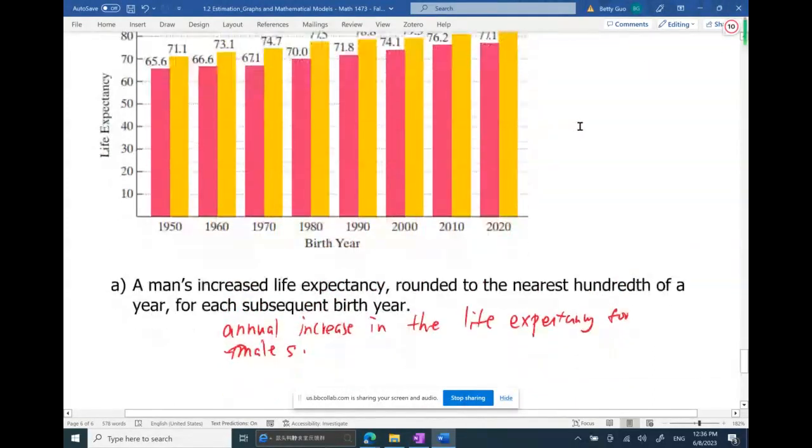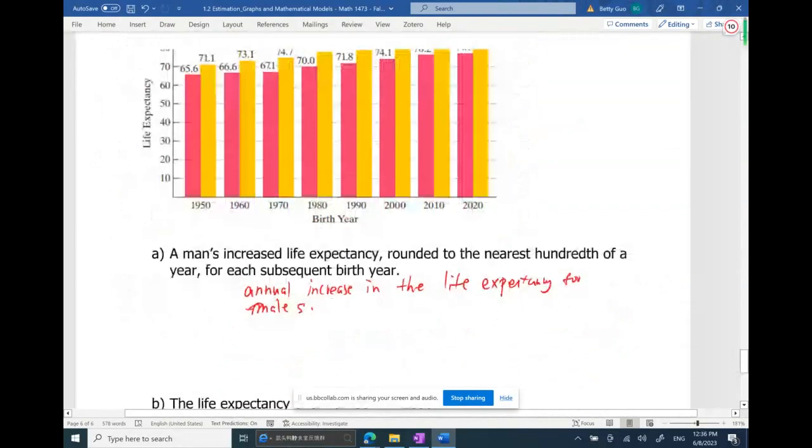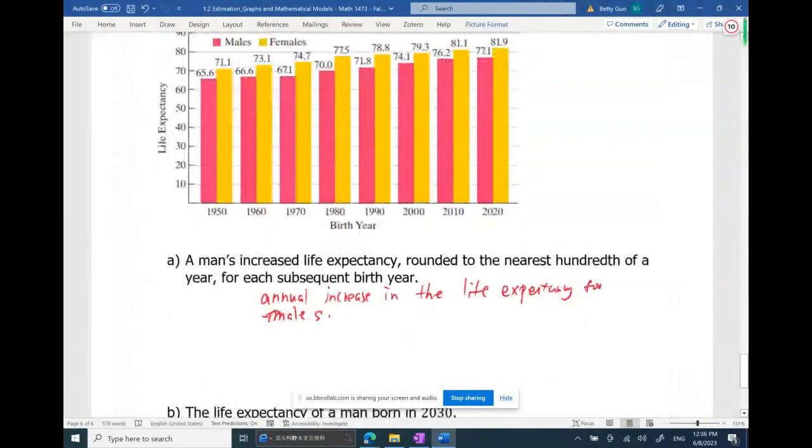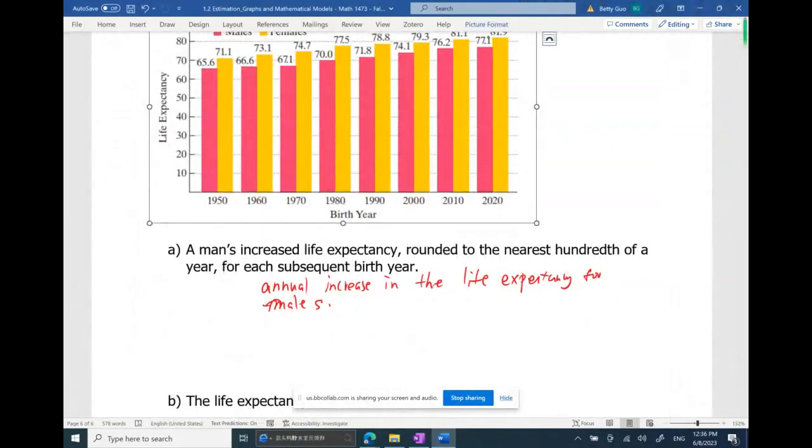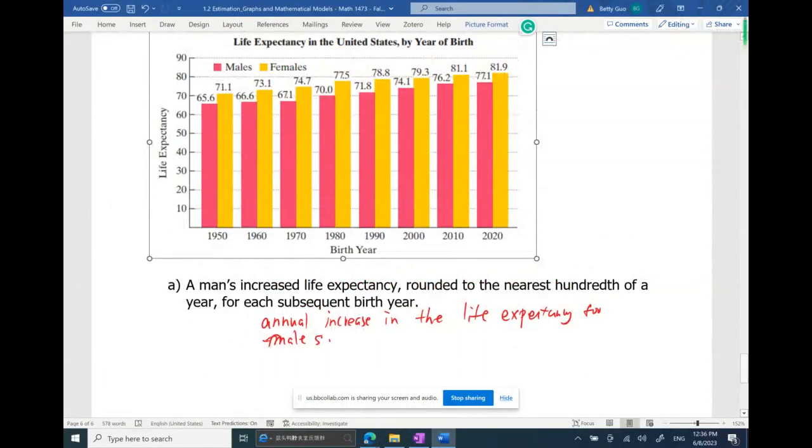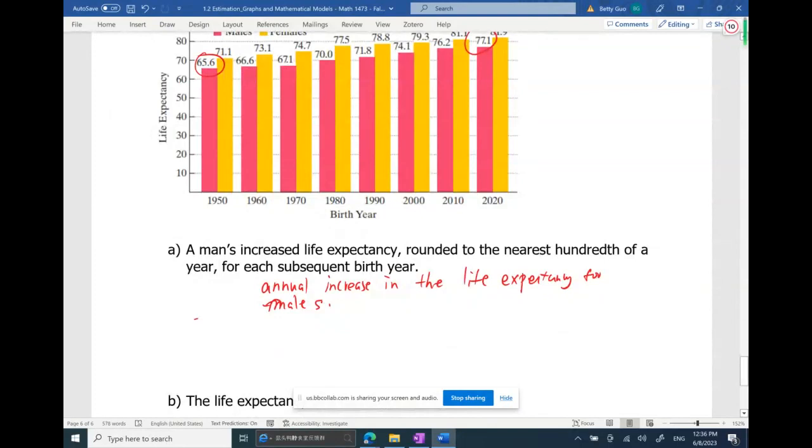So when you see this kind of problem, this is what we do, okay? We are going to use the biggest value minus the smallest value. We're going to use 77.1 minus 65.6, and then divide the difference by the number of years.